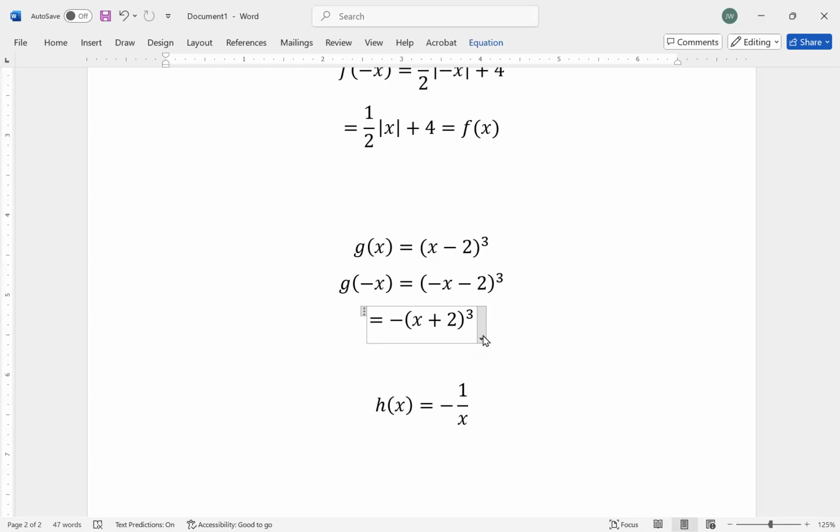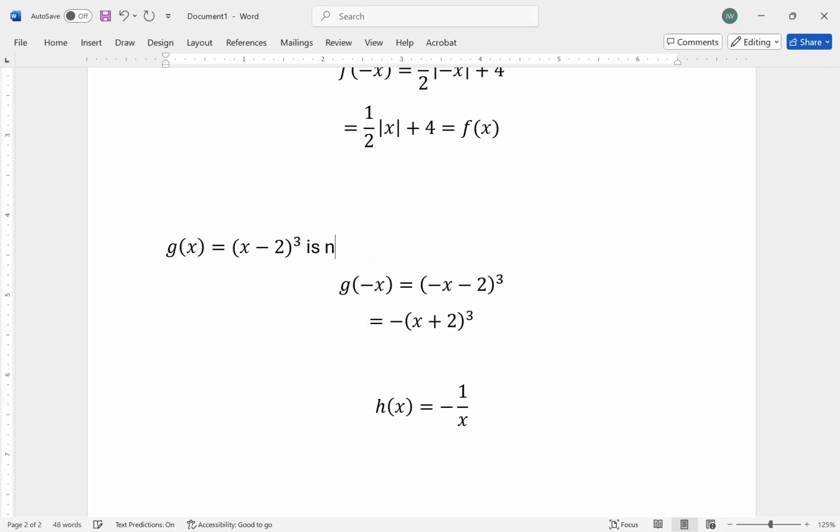That is not the same thing as the negative of x minus 2, cubed. So that's not negative g of x, and that's not g of x. And therefore, g of x is neither even nor odd.